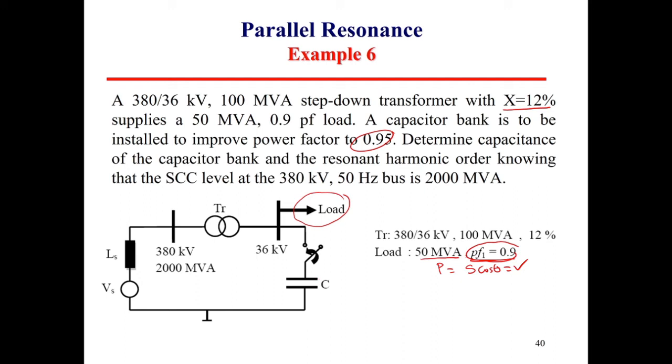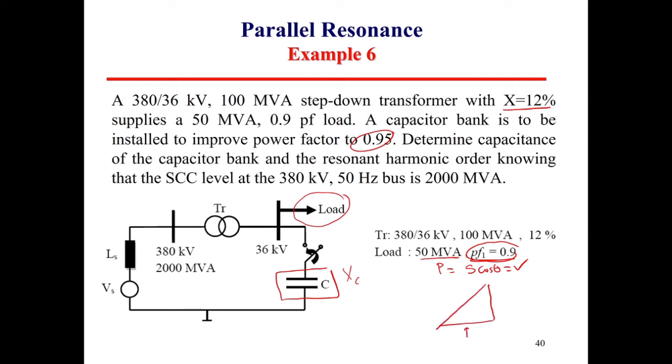Then we need to calculate what will be the value of XC such that the power factor will increase to 0.95. Well, we did actually a similar one previously.